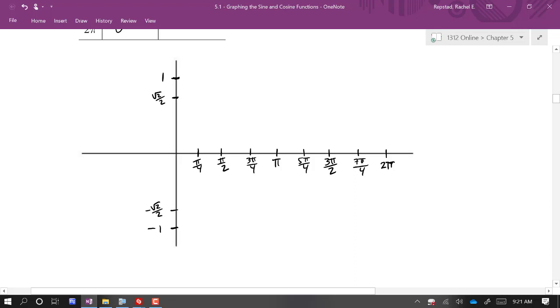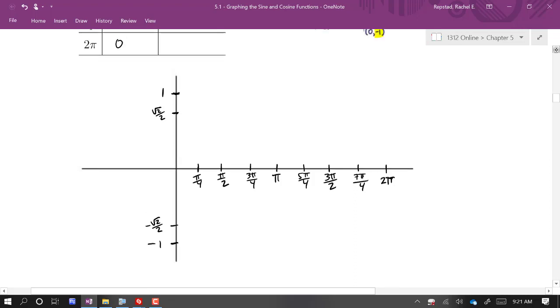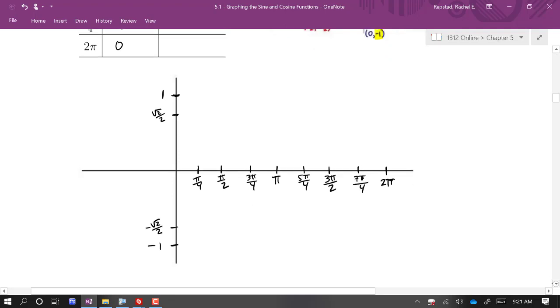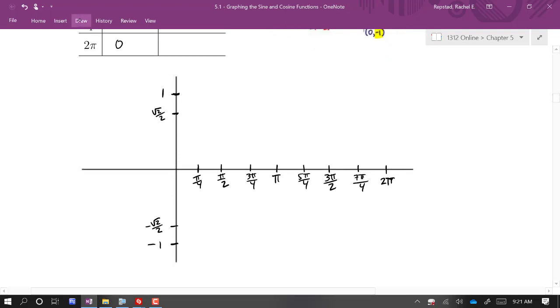Okay, now I think we're ready to plot our points. I'm just plotting the points that we have in the table. So sine of 0 is 0, so I'm going to put that point there. Sine of pi over 4 we said was root 2 over 2, so that gives us the point pi over 4, root 2 over 2.